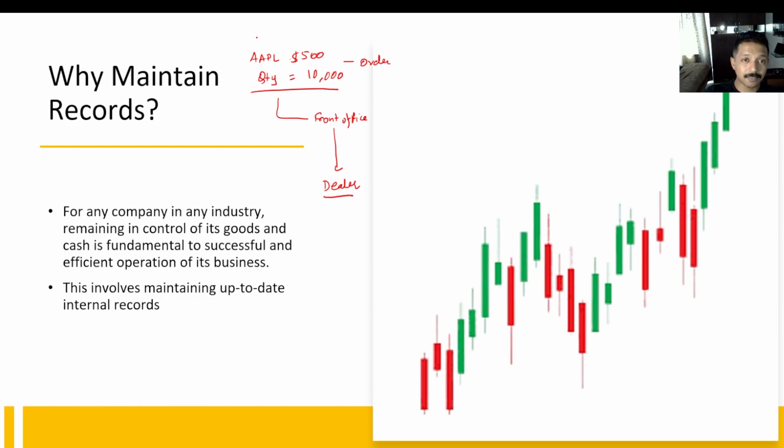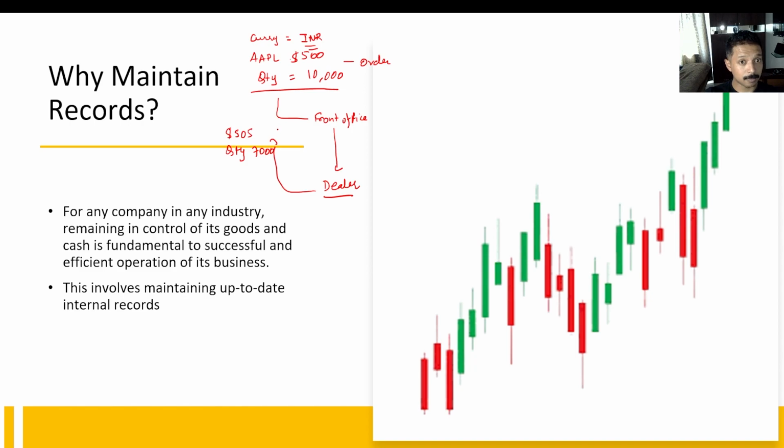Also, we need to specify the currency. For example, if the client is not in the US and let's say the client is in India, there is a currency conversion which has to happen. Then the dealer will come back and say that this is not possible. Maybe the deal is possible at 505, and we can only fulfill, let's say, a quantity of 7,000. So there is a partial order fulfillment possibility.